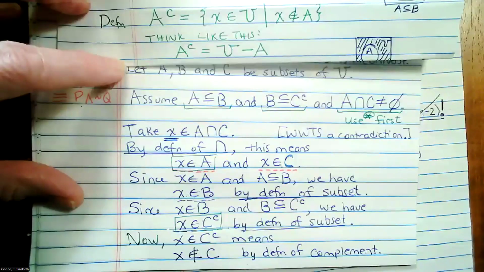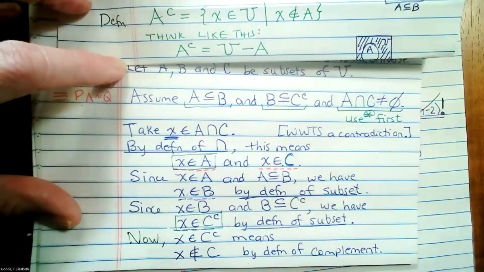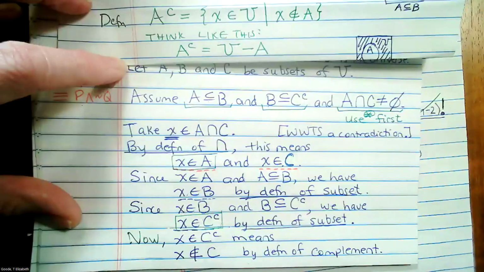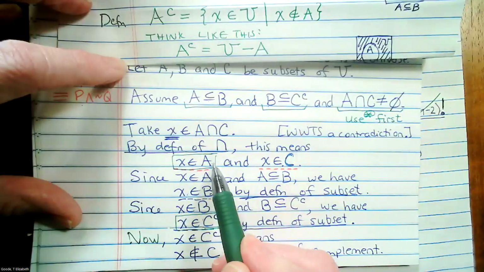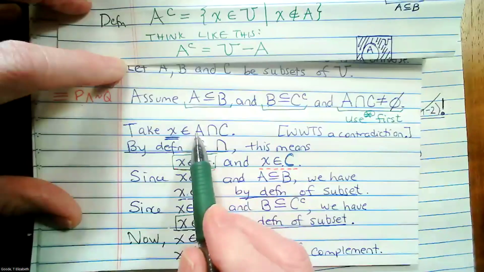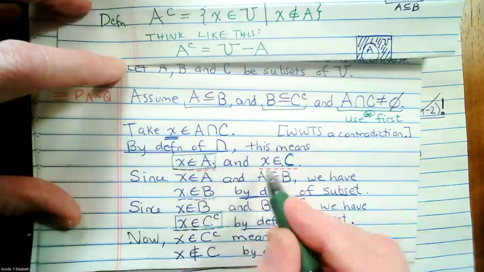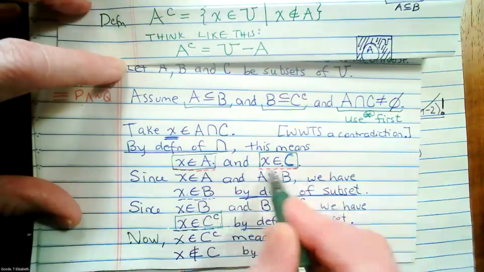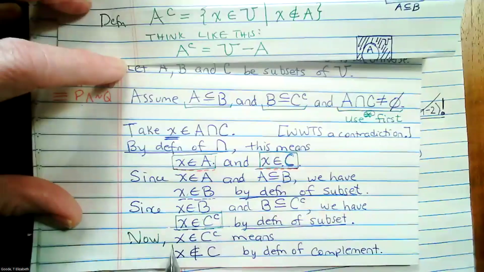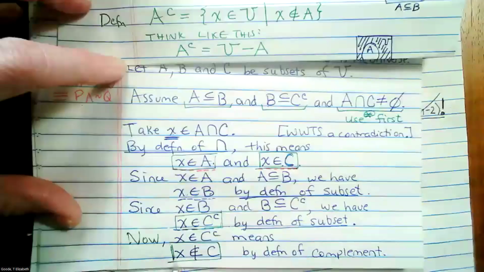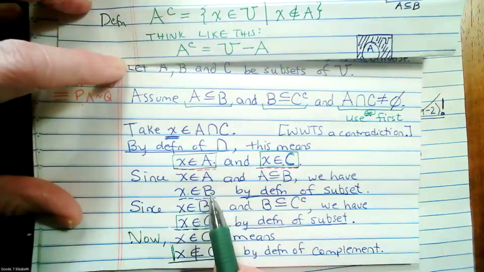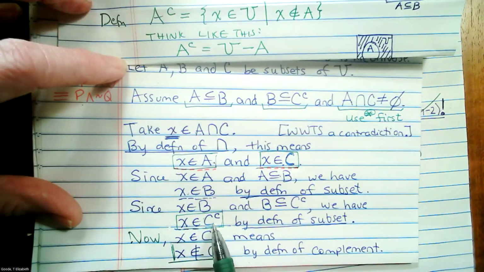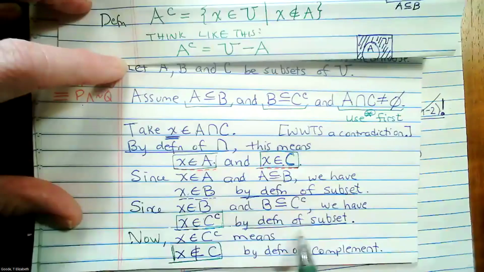Now let's take a look at what we've just found. We've got that X is in A, that's where it started out. It also was in C. But now, because X was in A, we pushed it into B by definition of subset, and then X got pushed into C complement by definition of subset.